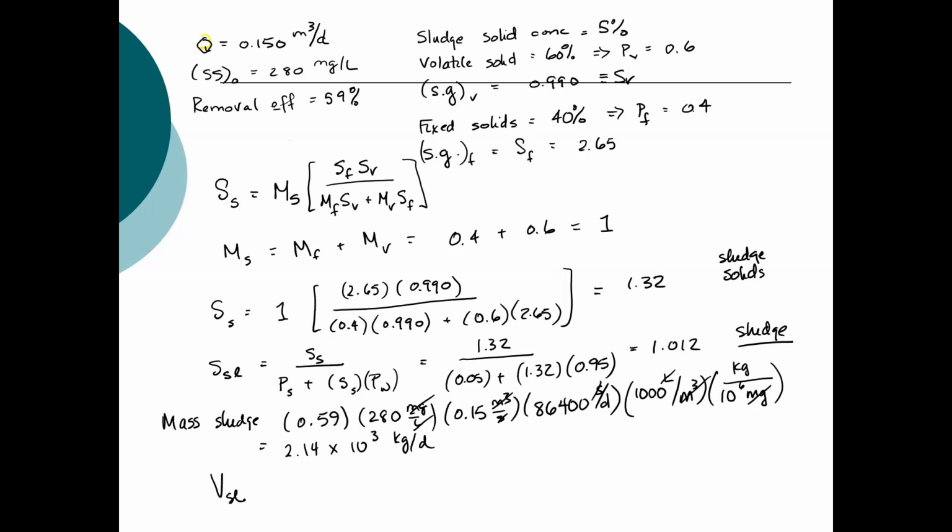The volume of our sludge is equal to the mass of the solids divided by the density of water times the specific gravity of the sludge times the fraction of solids, and that is equal to 2.14 times 10 to the 3 kilograms per day divided by density of water 1,000 kilograms per meter cubed times 1.012, the specific gravity of our sludge, times the fraction of solids, which is 0.05.